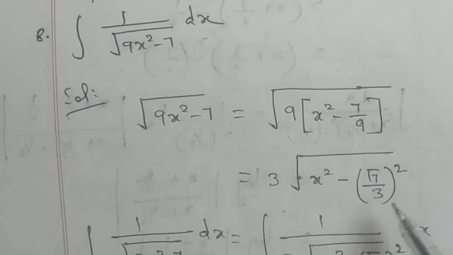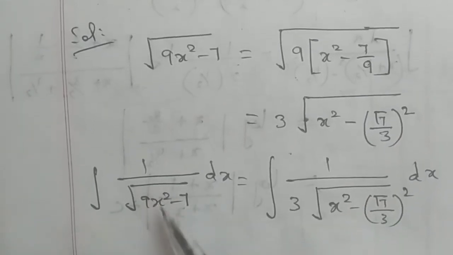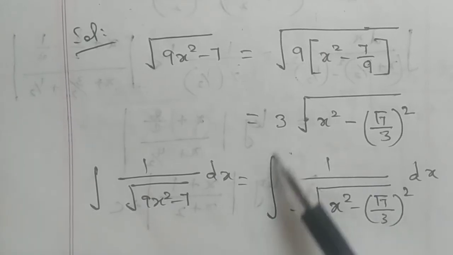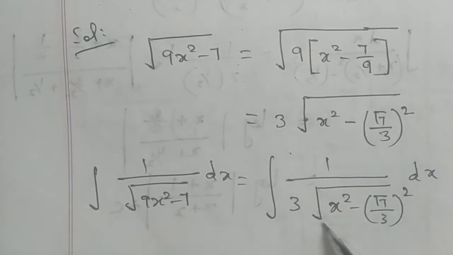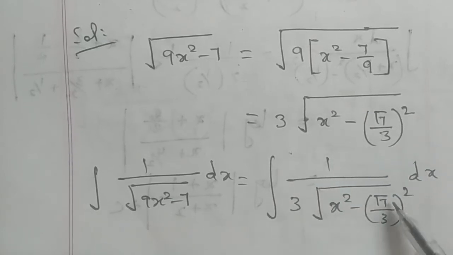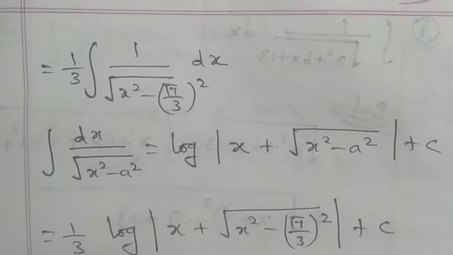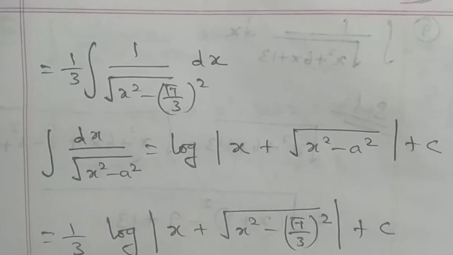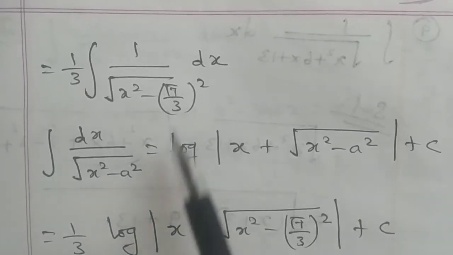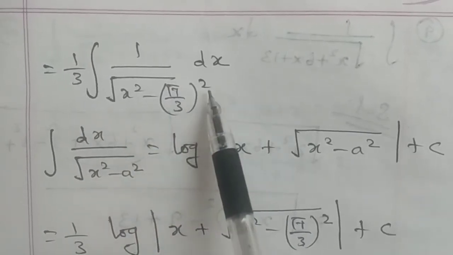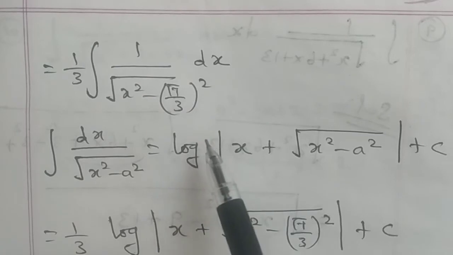So the integral of 1 by square root of 9x square minus 7 into dx equals integral of 1 by 3, then 1 by square root of x square minus root 7 by 3 the whole square into dx, that is 1 by 3 integral of 1 by square root of x square minus root 7 by 3 the whole square dx.